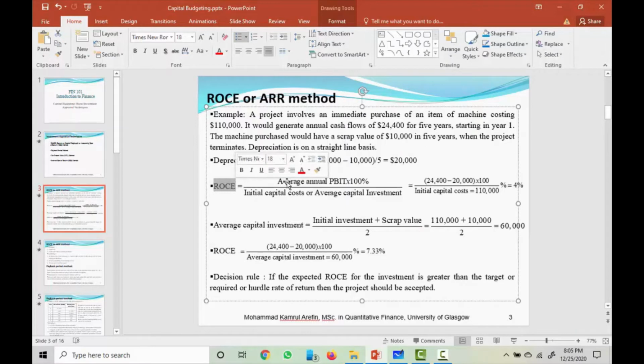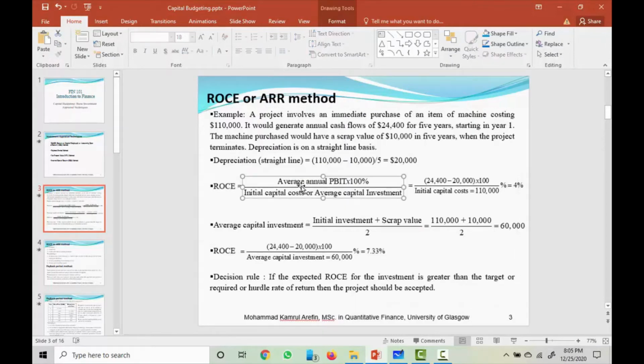Now the return on capital employed method. The formula for return on capital employed is: in the numerator we have the average annual profit before interest and tax. PBIT means profit before interest and tax, or otherwise we can call it operating profit, or earnings before interest and tax.